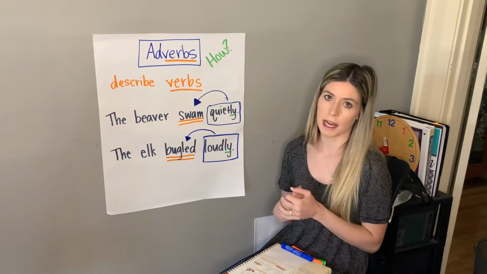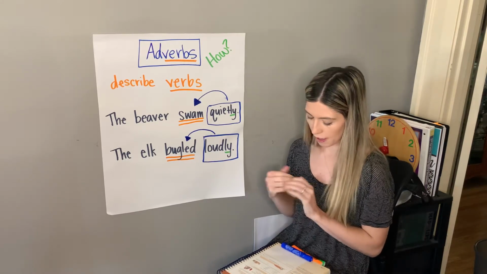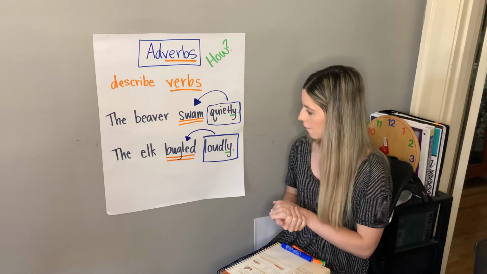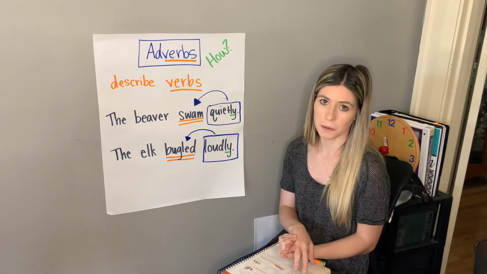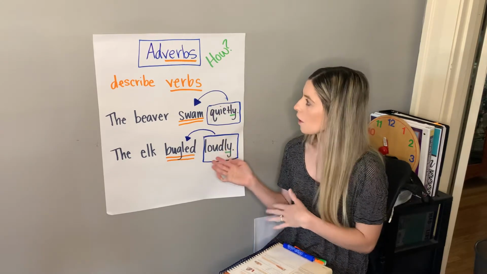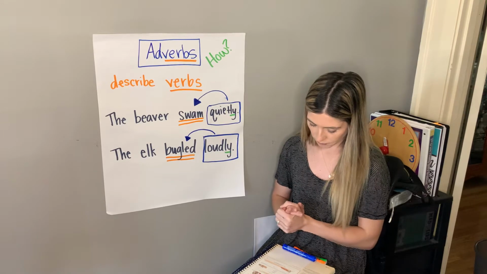How is the action happening? Once you figure that out, then you'll be able to find the adverb and then go back and find the action that it was doing. So that's how you're going to mark your first section on page 283.